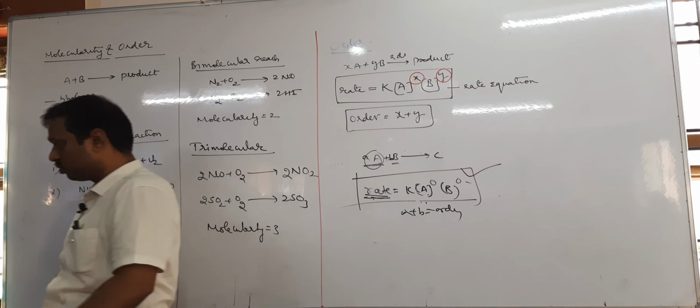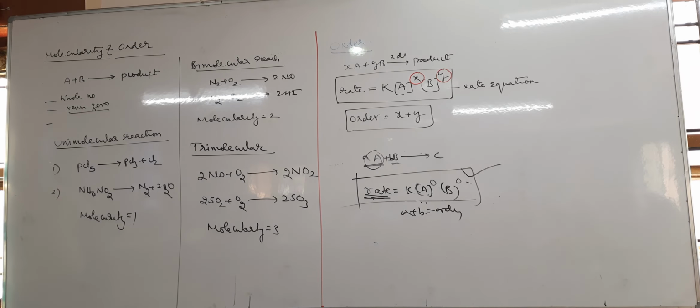The sum of the powers of the concentrations of reactants in the experimentally determined rate equation is called the order of reaction.